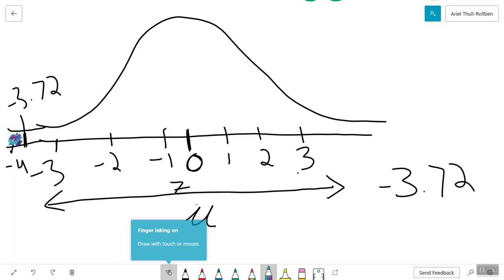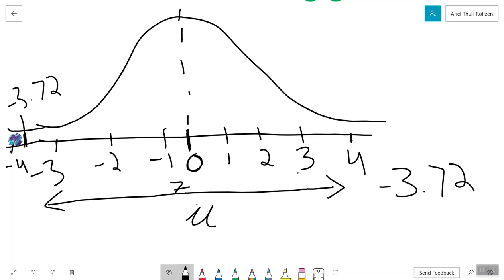Now, if my Z-score were +3.72, here's where it's cool, where when I told you that the table is symmetrical, here is what I mean. If I were to go over to this side of the table, I'm going to put a +4 right here. I'm going to say, okay, my Z-score up here, I have +3.72.